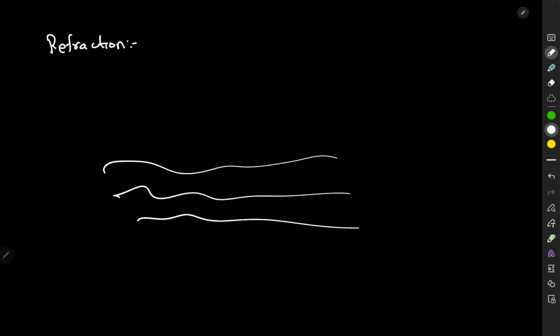Let's say there is water, fine, and you are having a laser, and you are planning to put the laser inside the water, and how will it look? It will be bending, right? Okay, it will be bending like this or like this, fine.